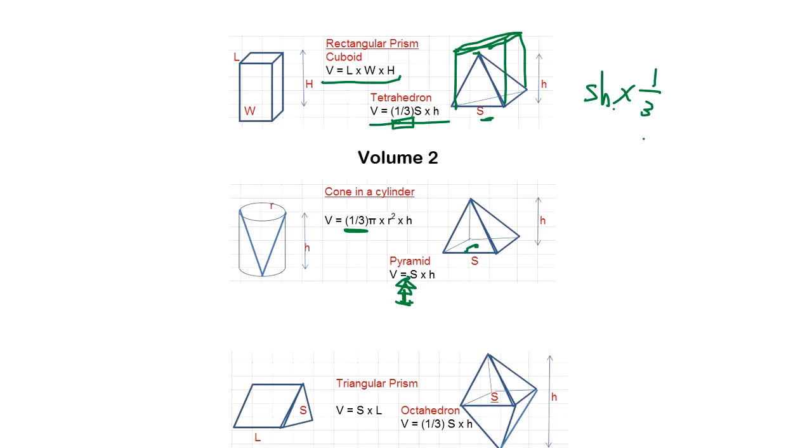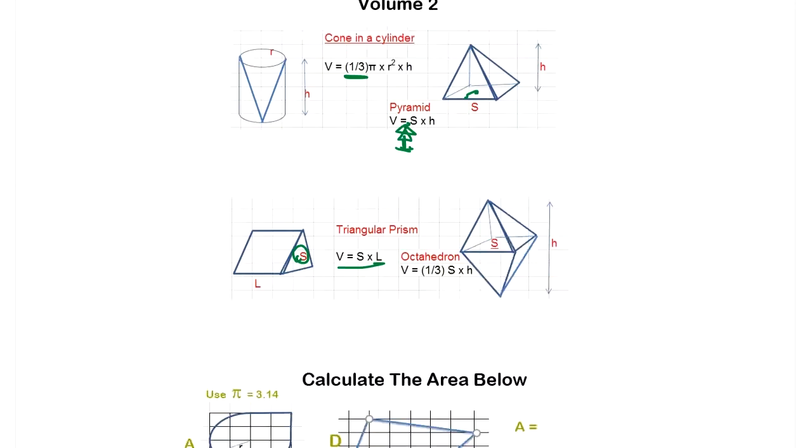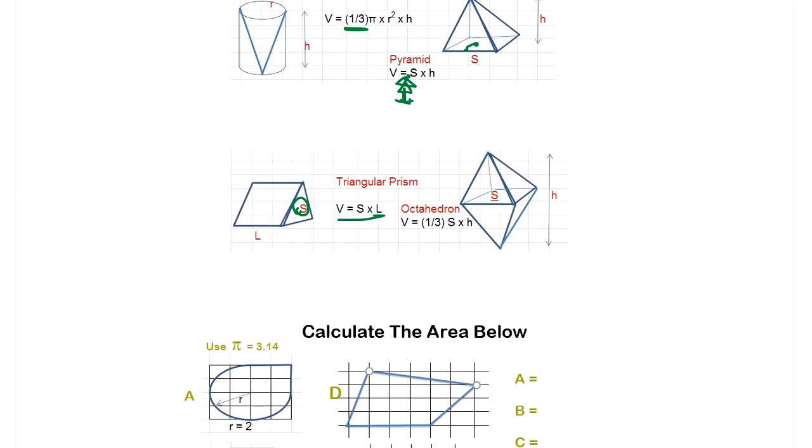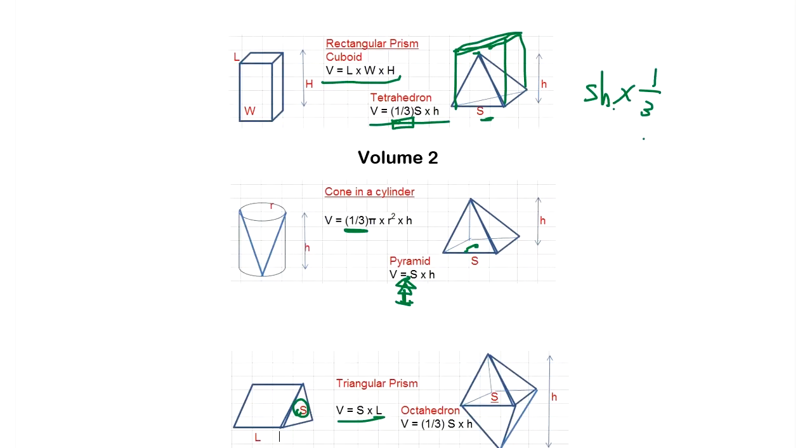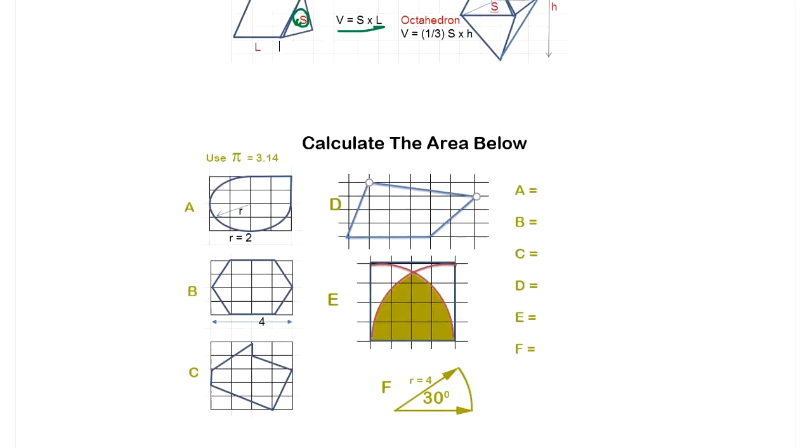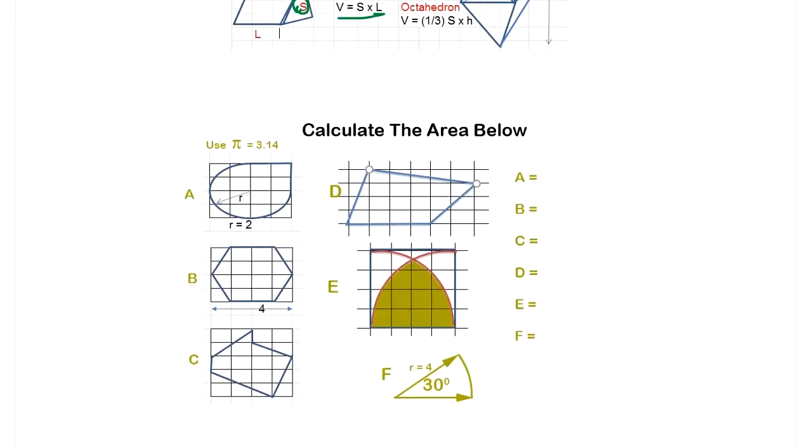I forgotten it; you can look it up. I don't remember. Triangular prism is bottom area S times L, and an octahedron, just put it together: the tetrahedron up and down.